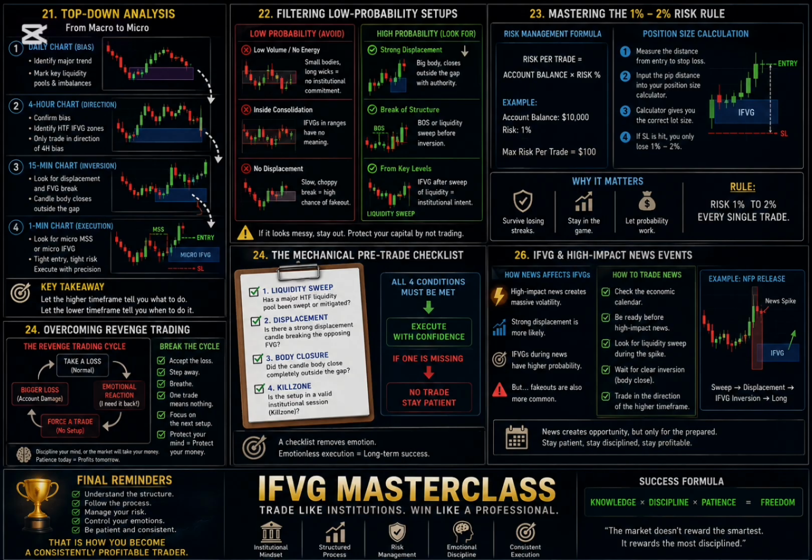If the candle that breaks the fair value gap has a tiny body and massive wicks, avoid it. This shows a lack of institutional commitment and a high chance of a fakeout.